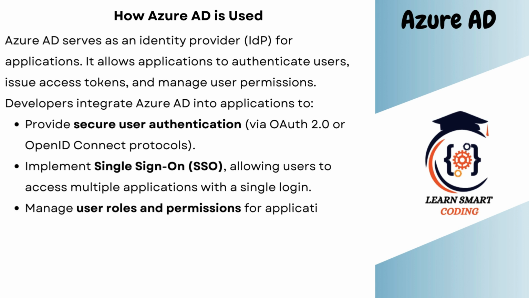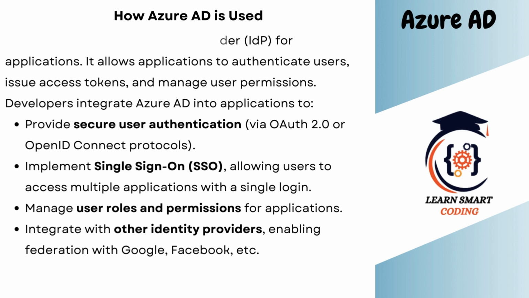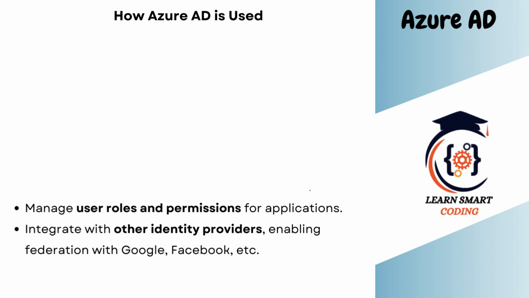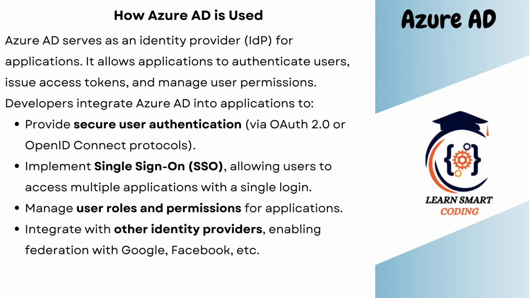If 10 applications are configured, you can go around all the 10 applications without individually logging into each one. That is what we are going to see in the demo. And then they can also manage the user roles and permissions for the applications. We can also integrate this with the other identity provider, enabling the federation with Google, Facebook, etc. A lot of stuff we can do.